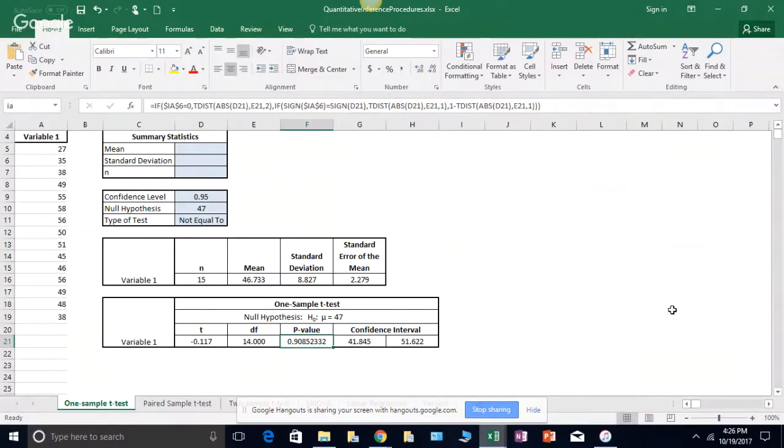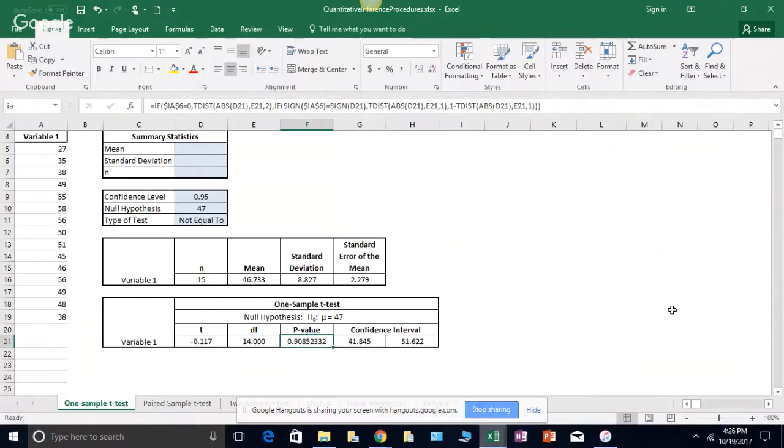Present your conclusion in an English sentence relating to the context of the problem. We have insufficient evidence to conclude that the mean age of this realtor's customers who are buying second homes is different from the national average. In a nutshell, we don't have enough evidence.